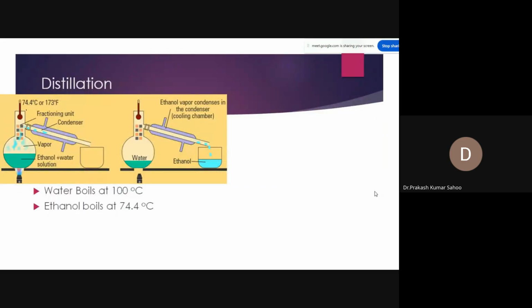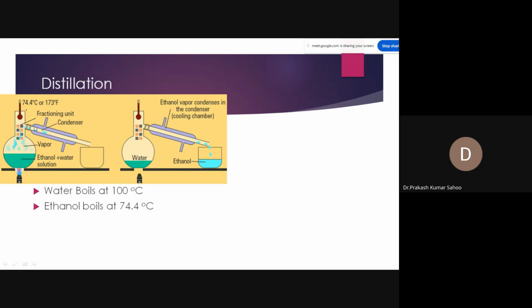So the distillation process is a common separation method used in our labs to prepare demineralized water from ordinary water. In the distillation plant, a round bottom flask is used, a burner or a Bunsen burner is used, followed by the condenser chamber, and the water gets evaporated.